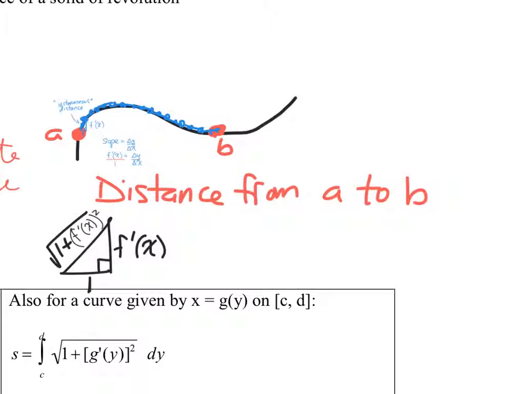Each one of those teensy tiny smidges of distances would be expressed by the square root of 1 plus f prime of x squared. So the way we collect all of them over the interval is by integrating. Right? It's the same idea as cross sections when we're finding volumes using cross sections. We find an expression that represents any cross section, and then we integrate them all together so that we find the sum total of all of them.